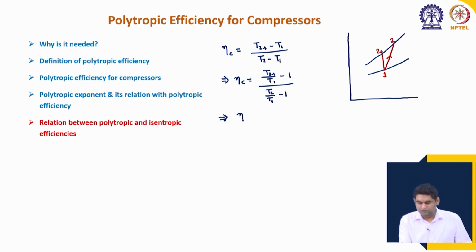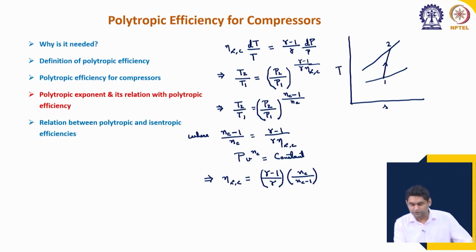This can be written as R c to the power gamma minus 1 by gamma, minus 1, where R c is the pressure ratio of the compressor. We write R c to specify that this is the compressor. This is because the process from 1 to 2s is an isentropic process, and 1 to 2 is a polytropic process.